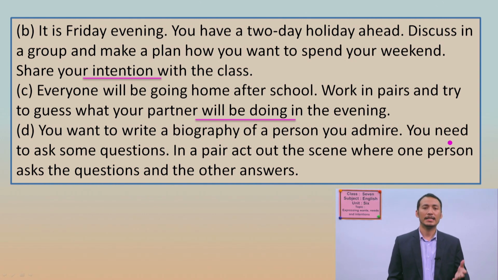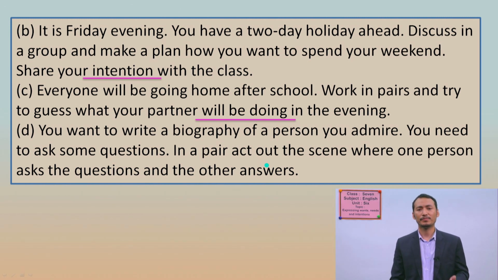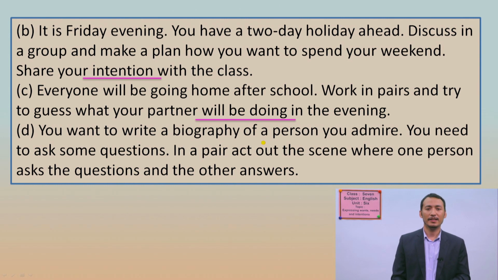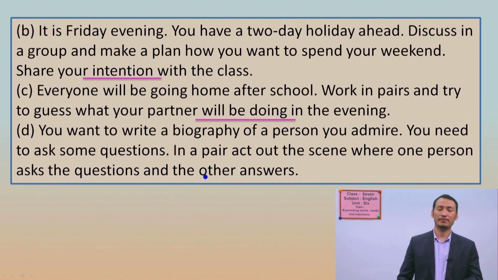You need to ask some questions to someone, and in pairs you can act out the scene where one person asks the question and the other answers. Here you are going to write a biography about a person that you admire. You can have a conversation for this.